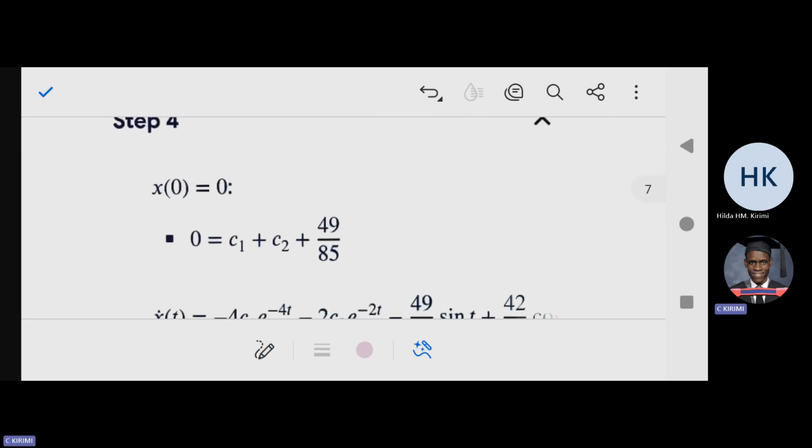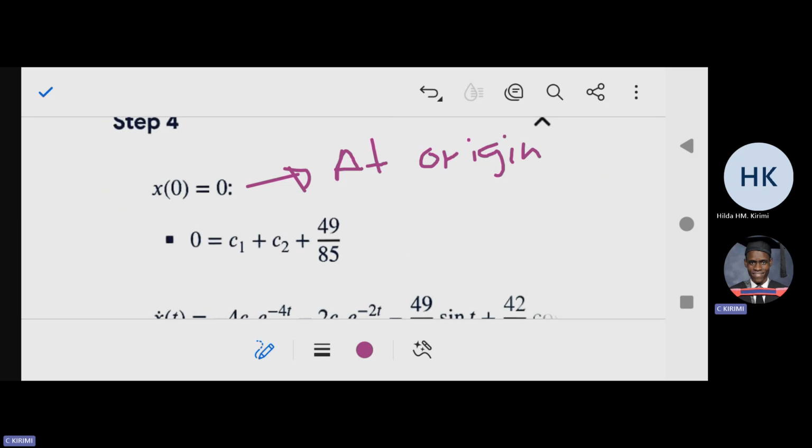All right. X naught is equal to 0, which means the particle is at the origin at time naught. That's what they meant here. When the particle is at the origin, the position is always 0.